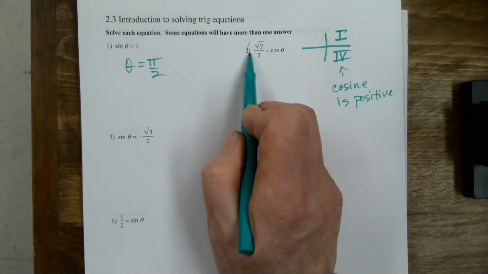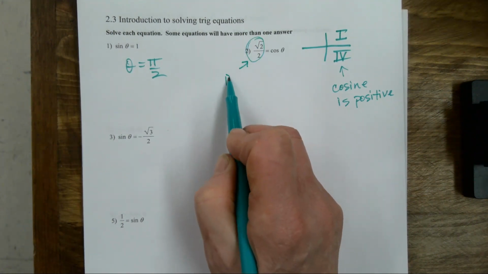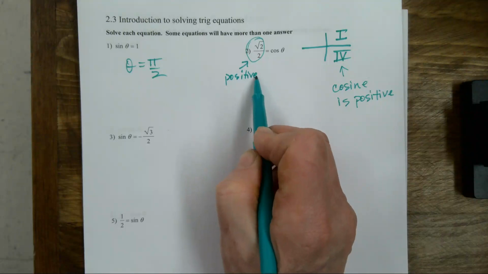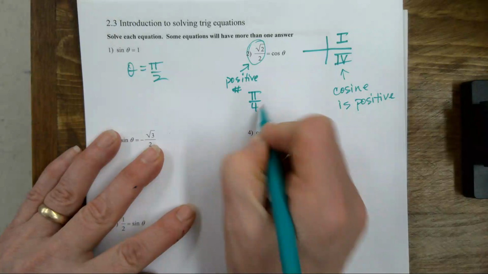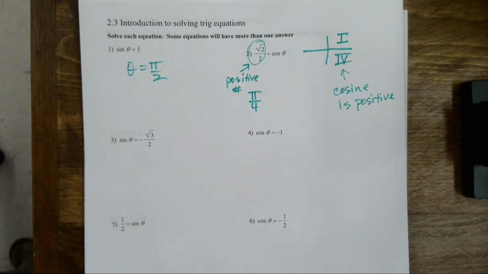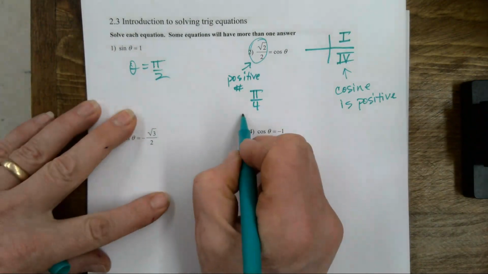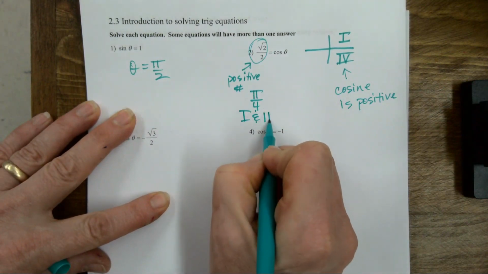Because this value here is a positive number. All right? So when I go through this process, I'm asking myself, first of all, when is the cosine going to be the square root of 2 over 2? So I want to find the family. It's in the pi over 4 family. And when is the cosine positive? And that's in the first and the fourth.